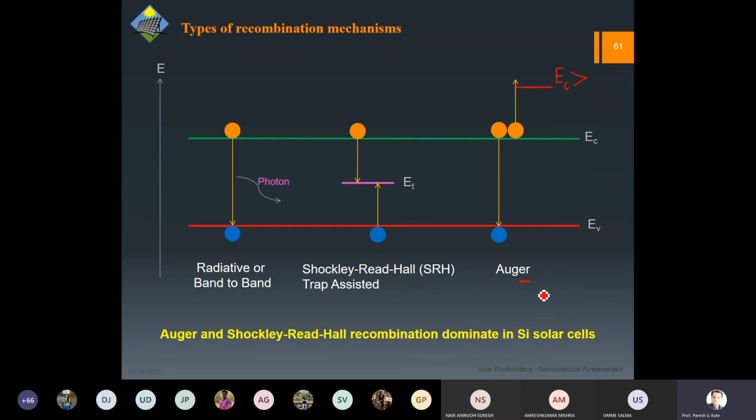Most of the time doping is not at all high in solar cells. So radiative is absolutely zero. Auger can be a little bit, and it would be higher only if the doping is quite high. Forget about these two. The most important for us would be SRH, or the trap assisted.